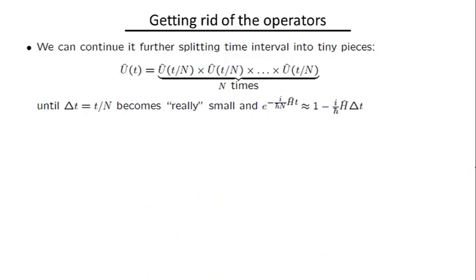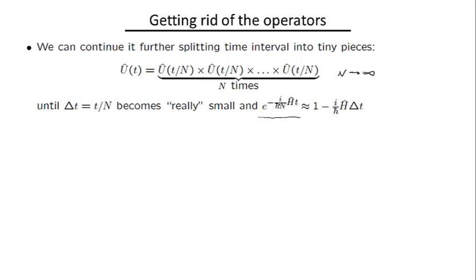Instead of splitting my time interval into two pieces, let me split it into n pieces. And n here is going to be very, very large, so that t over n, each individual time interval, is extremely small. And for each of these small time intervals, the evolution operator corresponds to this exponential e to the power i over h bar H t over n.